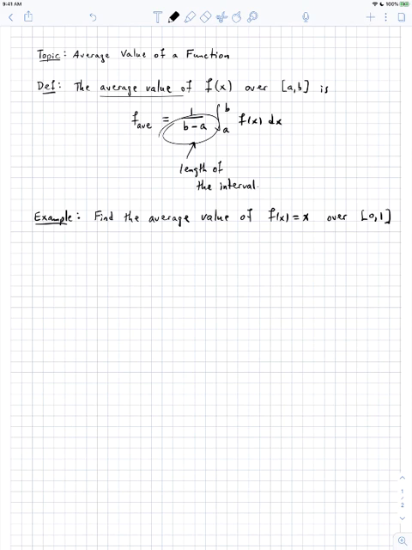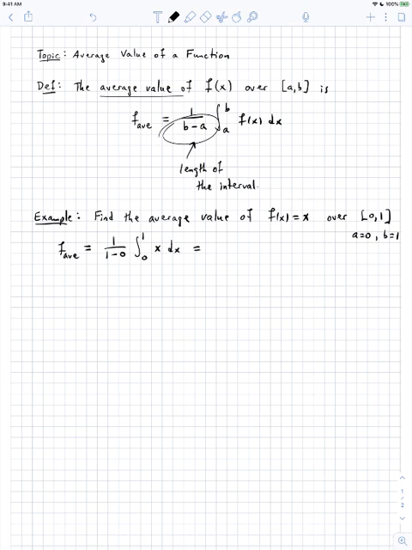In order to compute the average value, we simply plug into the formula. So the average value of f on this interval is 1 over b minus a. Well, in this case, a is equal to 0 and b is equal to 1. So it's 1 over 1 minus 0 times the integral from 0 to 1, f of x is x, dx.